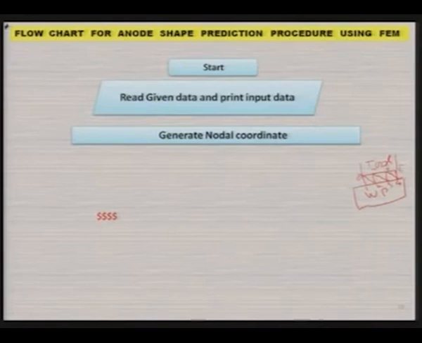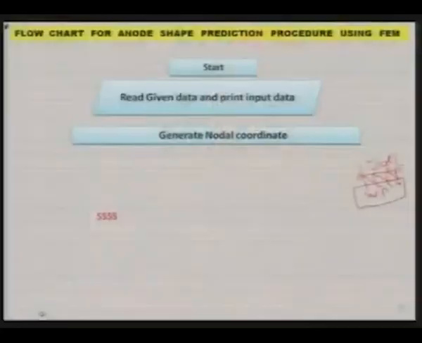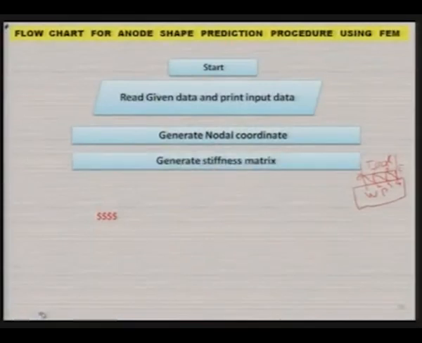Then you have to generate automatically, with the help of software, the coordinates of different points, because there may be hundreds and hundreds of points which have to be analyzed. It is not only 5 or 6 points. Then generate the stiffness matrix. This can be understood by those who have an idea about the finite element method.